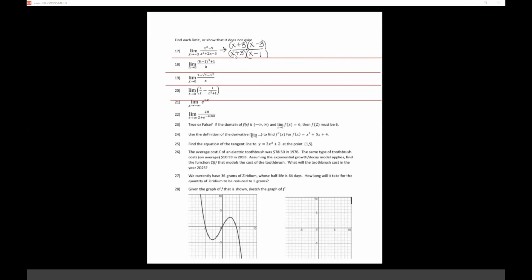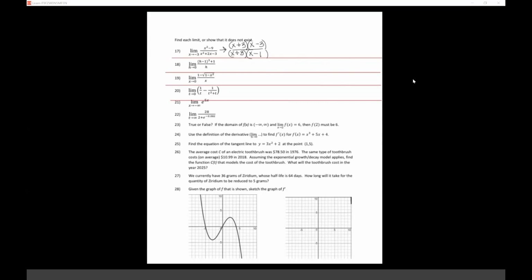So you can see here, -3 would cause a problem down here. That makes it a vertical asymptote, or whatever it's called. Vertical asymptotes are factors that are just in the denominator. When you've got a matching factor like this, you have a hole in the function.